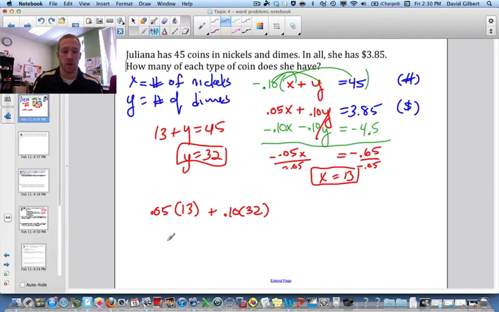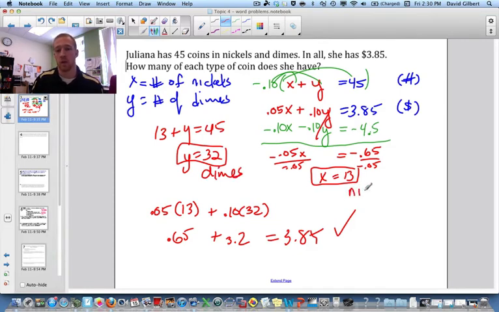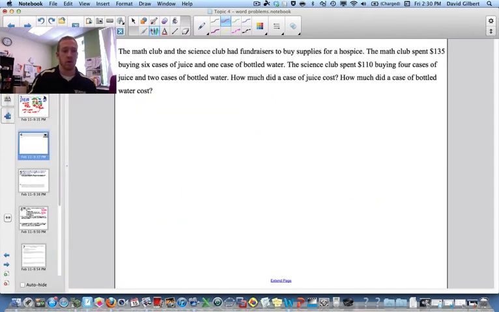Multiplying these gives you 0.65, and these give you 3.2. Add those up, and you get 3.85, which is exactly what you should get. So this is our correct answer: 32 dimes and 13 nickels. Just a couple more examples here.